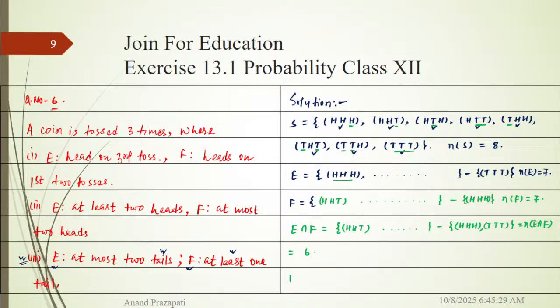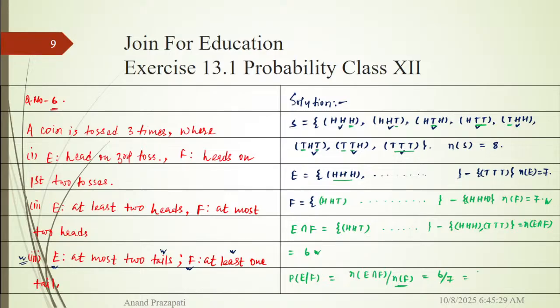Now we find out probability of E by F. We direct write down here number of E intersection F by number of F equal to, here will be number of E intersection F equal to 6, we write down here 6, and number of F equal to 7, so we write down here 7.